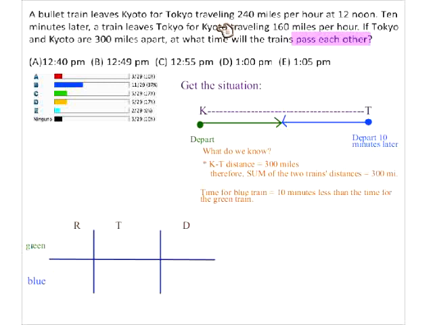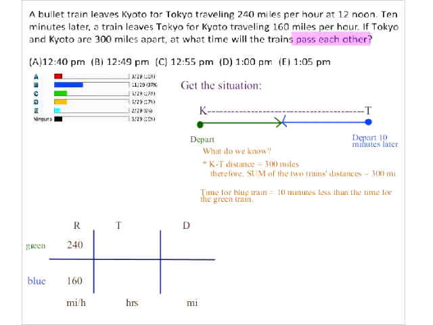So everything is in hours right now. So let's just do that. But we have to realize we got to convert at the end. So the rate will be miles per hour. The time will be hours, and the distance will be miles. So the green rate is 240, and the blue rate is 160.